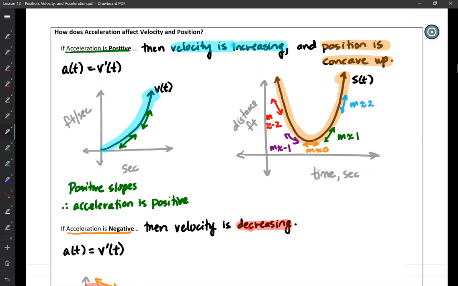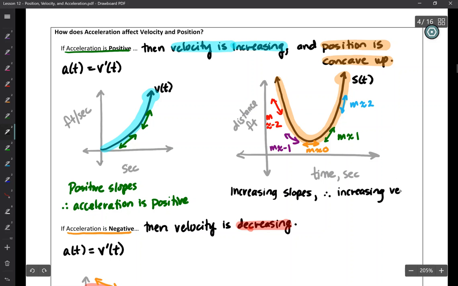Increasing slopes. Therefore, what are those slopes? They're velocities. Increasing velocities. Therefore, positive acceleration.